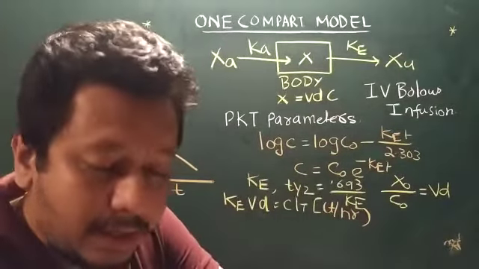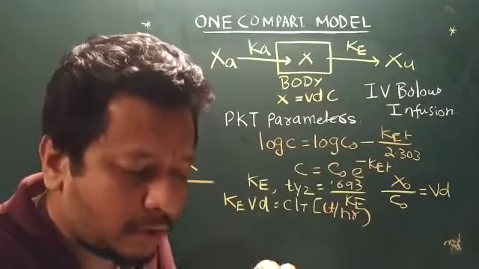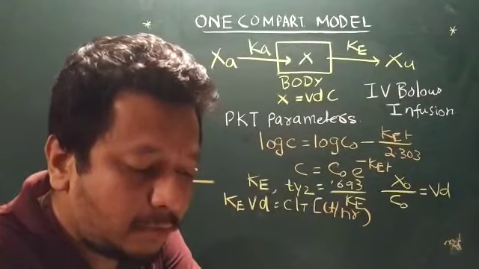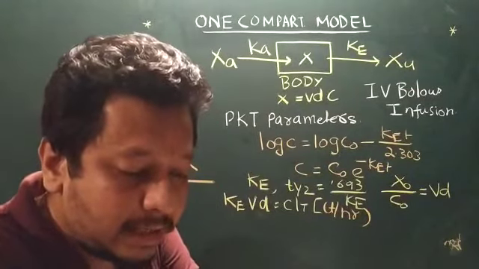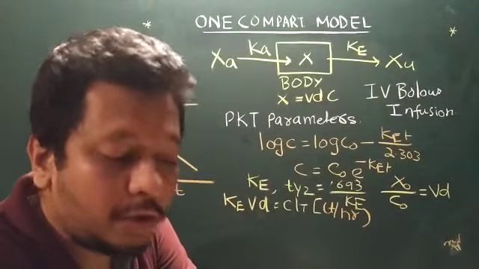Now what is total clearance? I will just read it out to you. Clearance is the pharmacokinetic measurement of the volume of plasma from which a substance is completely removed per unit time.